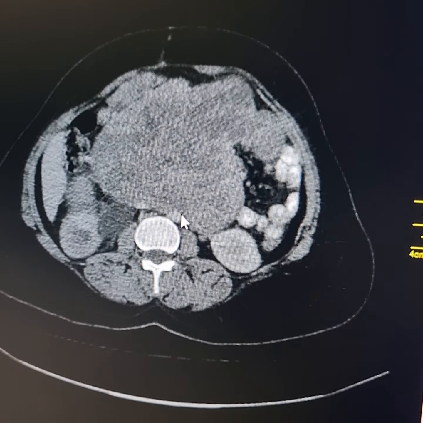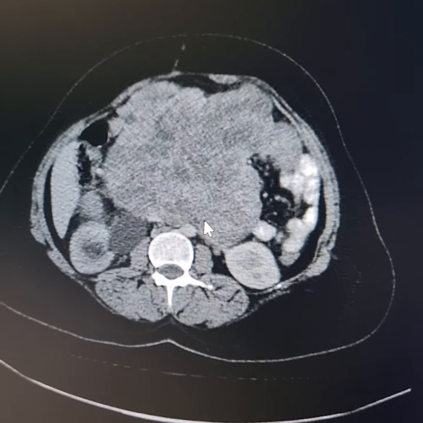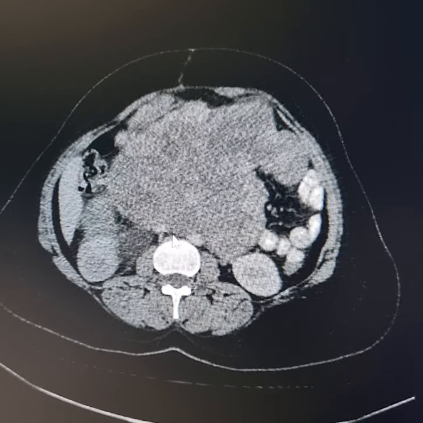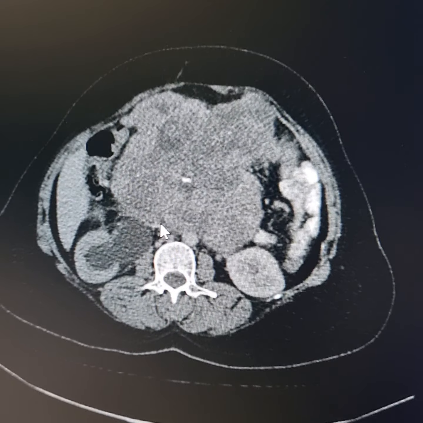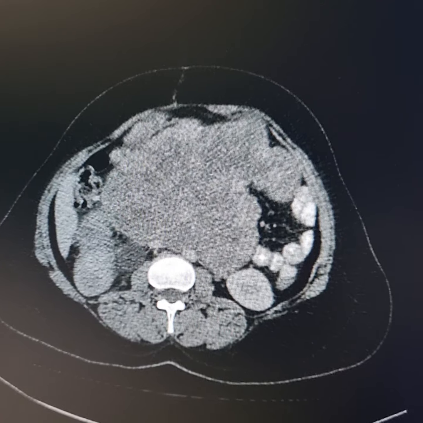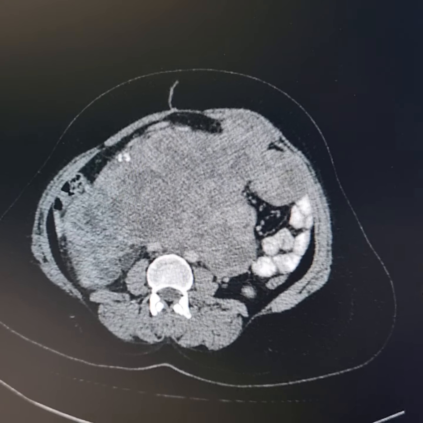Now, please observe its contact with the anterior surface of the aorta, partly surrounding it, with the inferior vena cava partly surrounded, and involvement of the lower part of the right kidney.